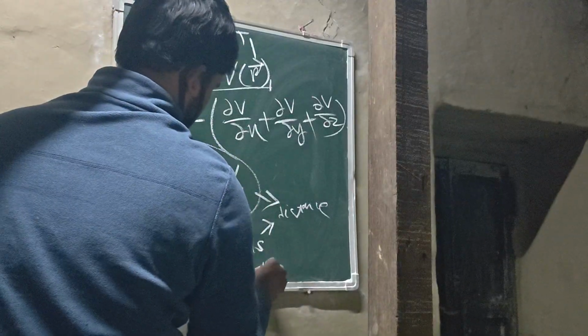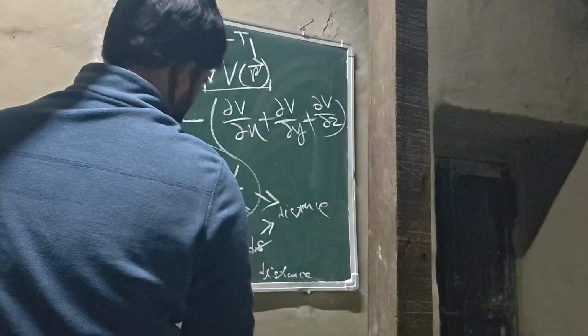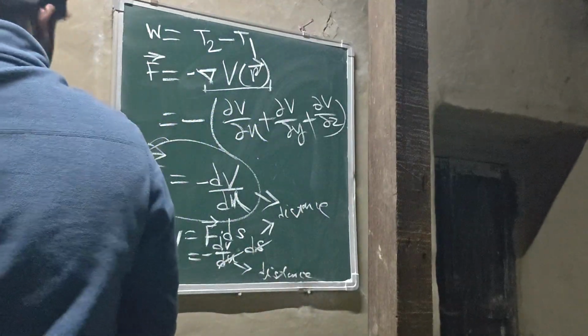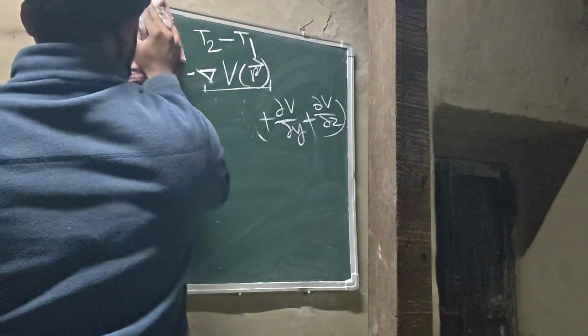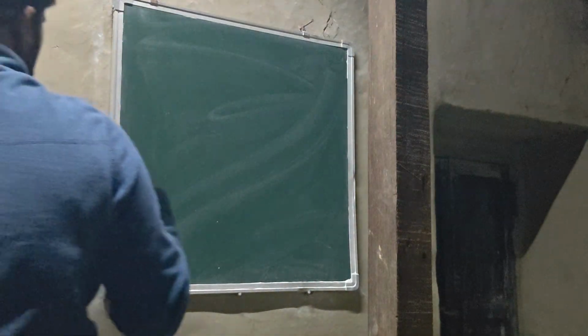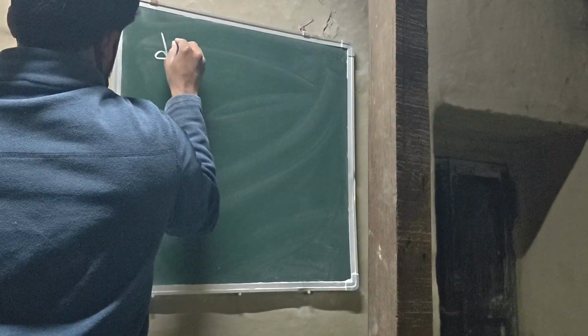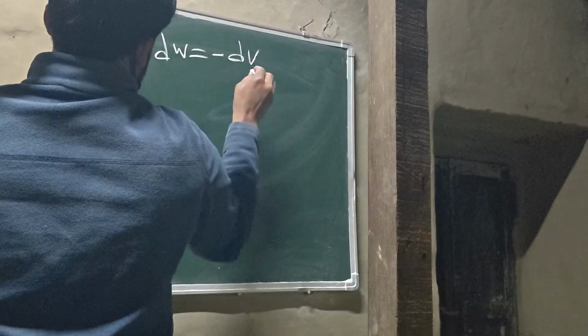This is also infinitesimal distance. This distance cancels. Now finally we get dW equals minus dV.